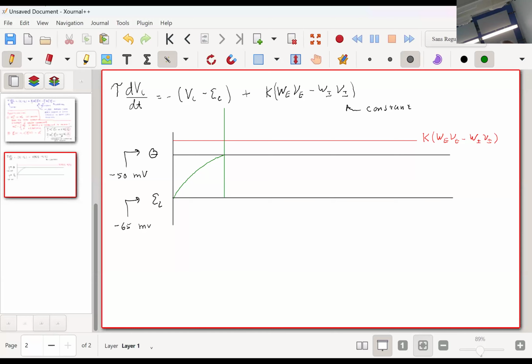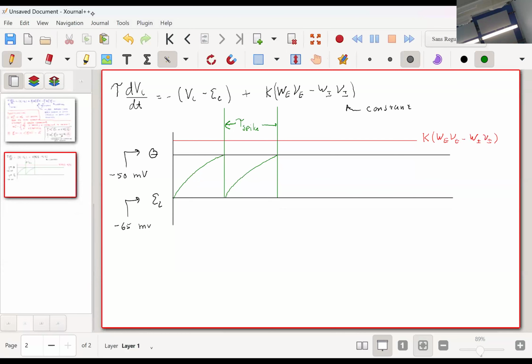And the same thing happens, it gets pulled up, emits a spike, and is reset. Okay? And this time here is T spike, and that's what we want to compute.